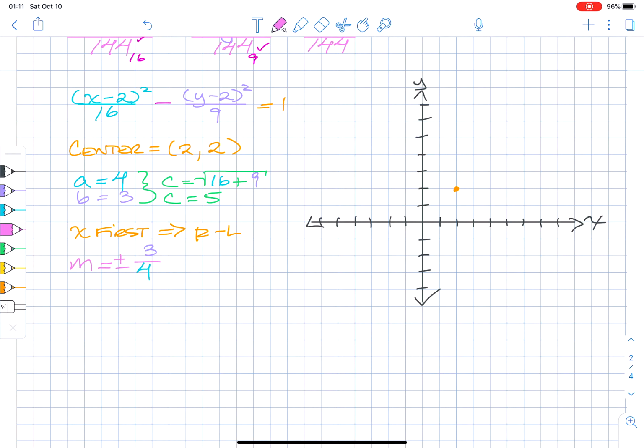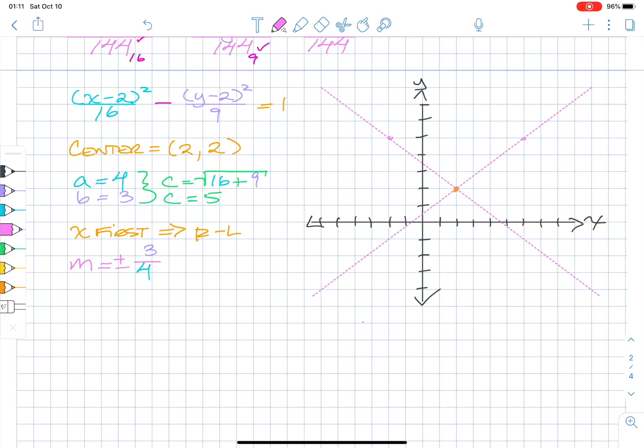One of rise 3, run 4. One of rise 3, run -4. So we're going to have two asymptotes here. One kind of like that, and the other kind of like this.